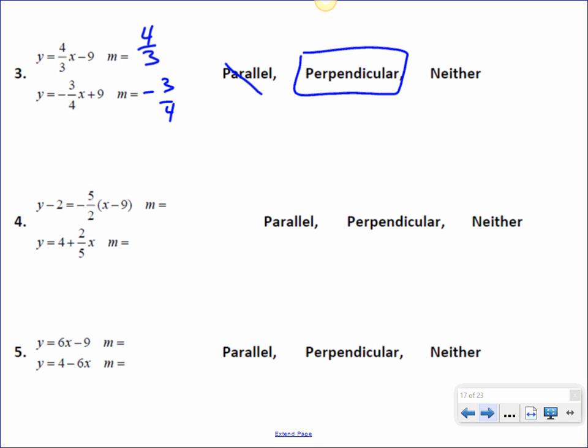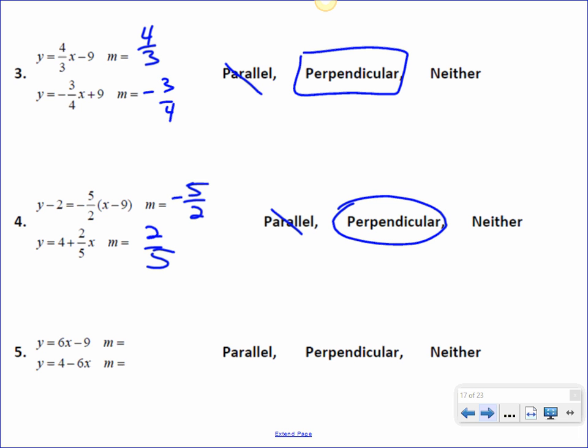Okay, the slope of the next one, we should have a -5/2, and the slope of the bottom one would be a +2/5. So again, they're not the same slopes, so they're not parallel. They are opposite signs, and they are reciprocals, so they would be perpendicular.